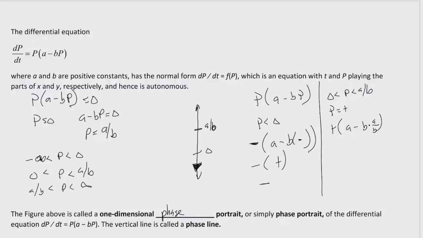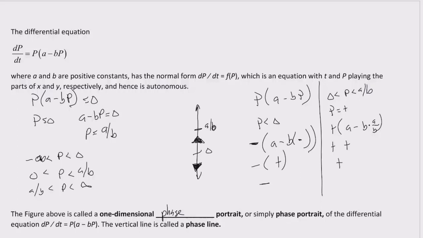That's essentially going to approach a minus something smaller than a. If I take a minus something smaller than itself, I'm going to end up with a positive expression. So what that means is in between 0 and a over b, my slope is increasing.